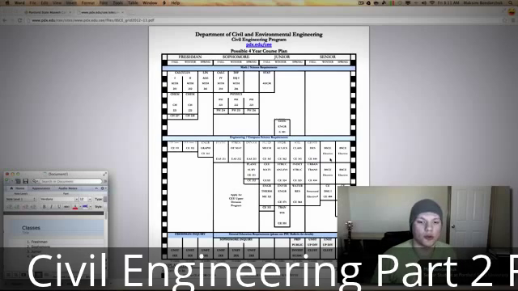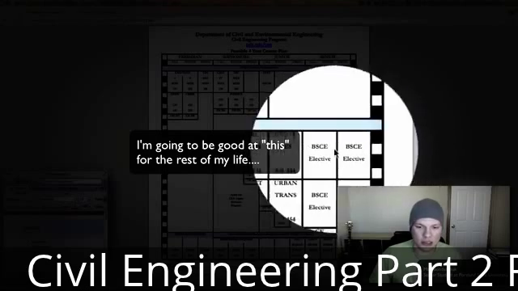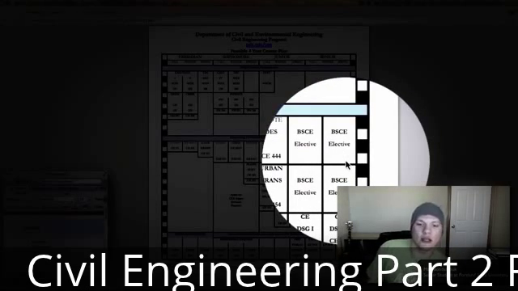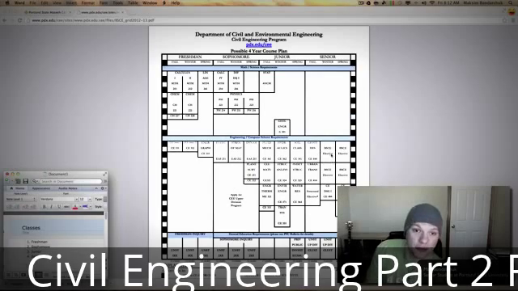And this is pretty much where you start deciding, out of all the classes that you took, what you want to specialize in. And I'm going to put the emphasis on this, because this is where you say, I'm going to be good at this for the rest of my life. Or you can take that approach, or you can say, I'm going to try different things.